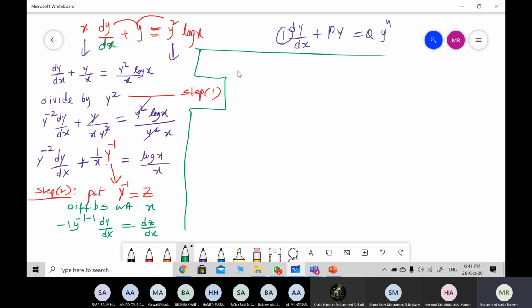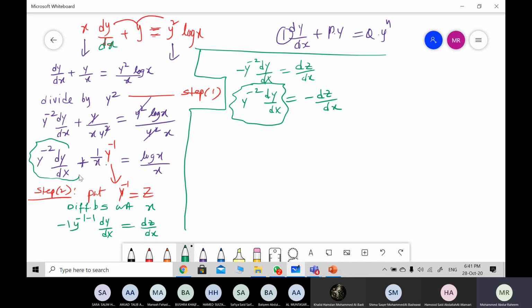Quite naturally, minus y power minus 2 dy/dx equals dz/dx. Now this will be here, and this we take as z. This will go here, and this will go here.